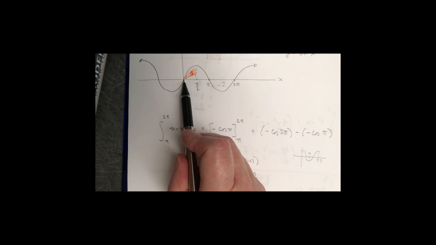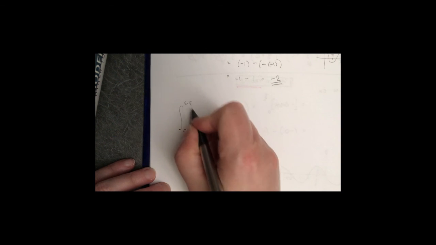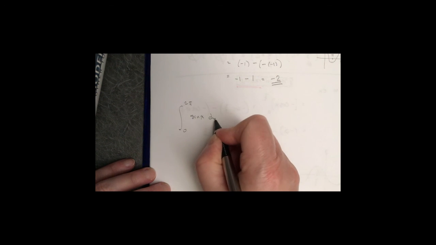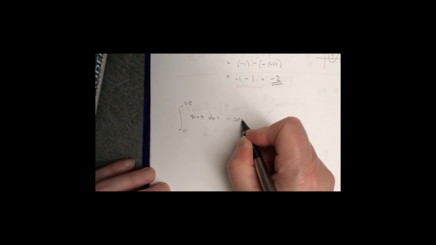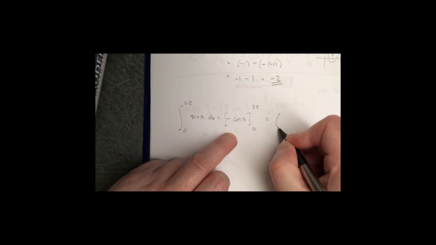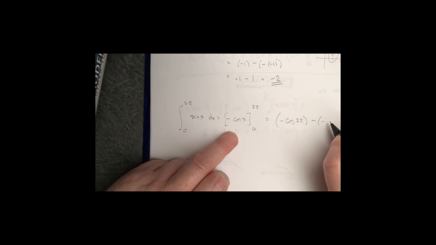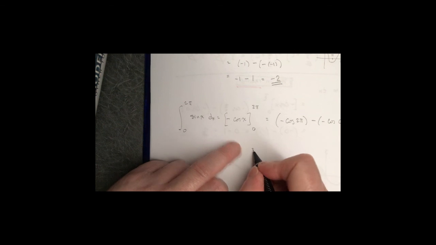That's quite nice. I promised you that I'd show you 0 to 2 pi. And that should come out as a net total of 0. So integrating from 0 to 2 pi, sine x dx. We know that that's negative cosine. I want to evaluate it from 0 to 2 pi this time, which is going to be minus the cosine of 2 pi, subtract minus the cosine of 0.